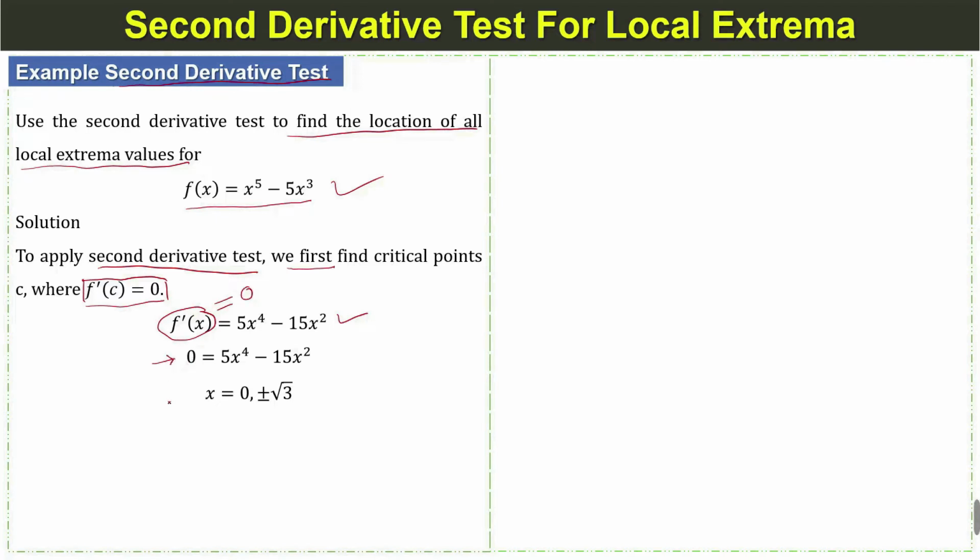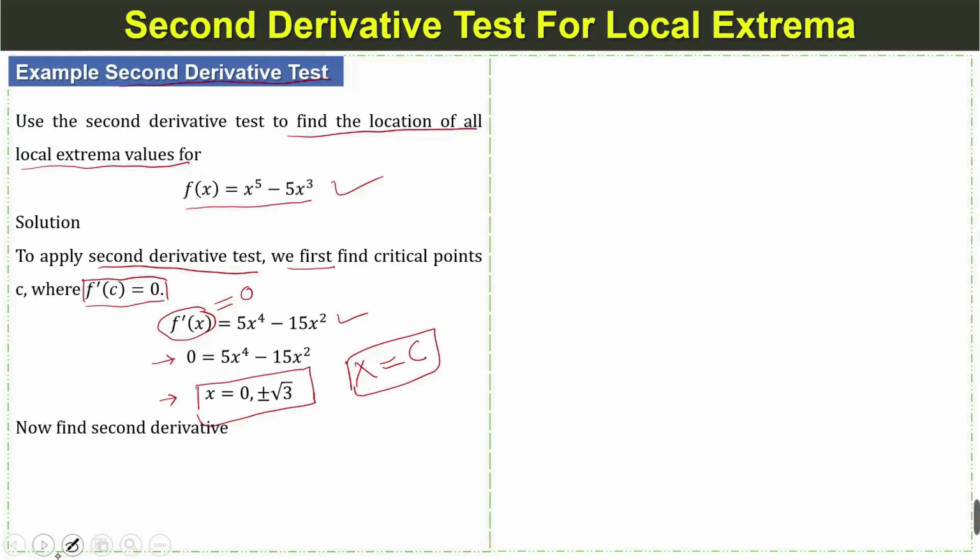Then we do some simplification, and we get the critical points where the first derivative of the function is equal to 0, meaning the critical values. Next we find the second derivative, because we want to apply the second derivative test.